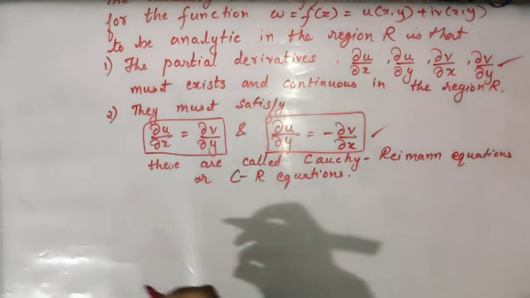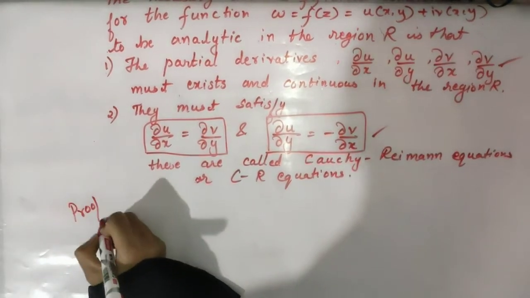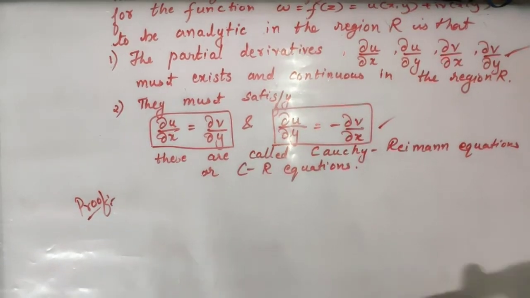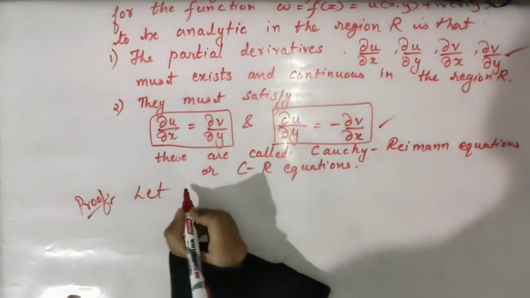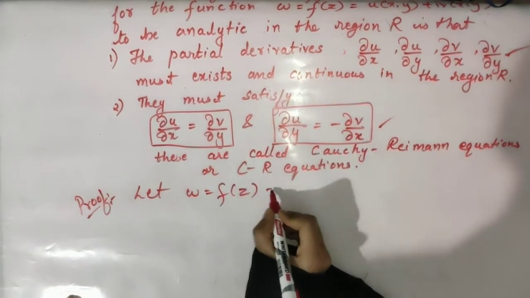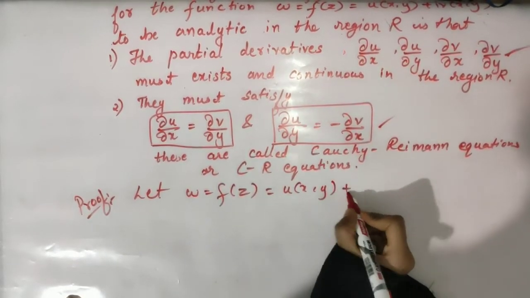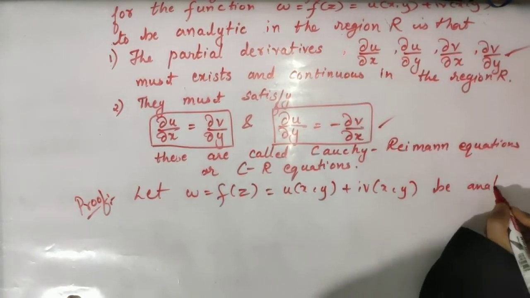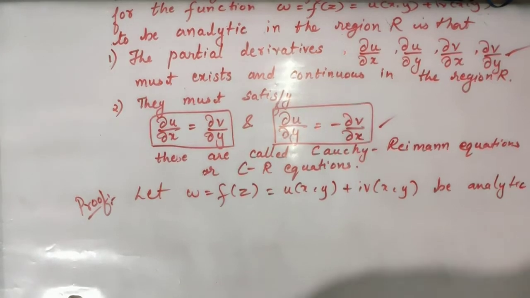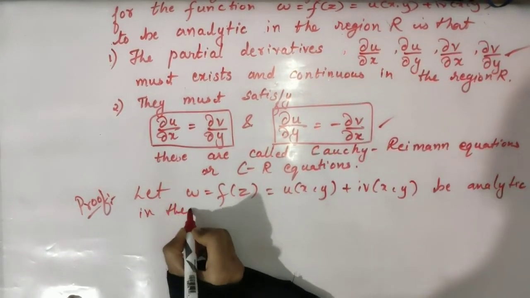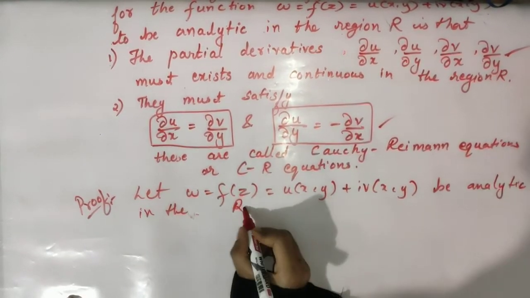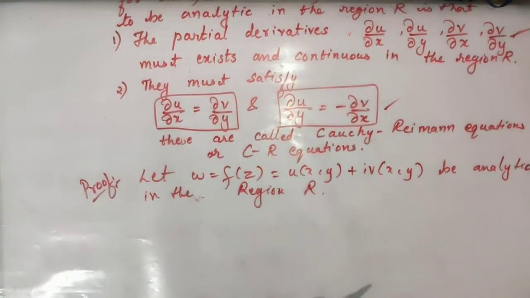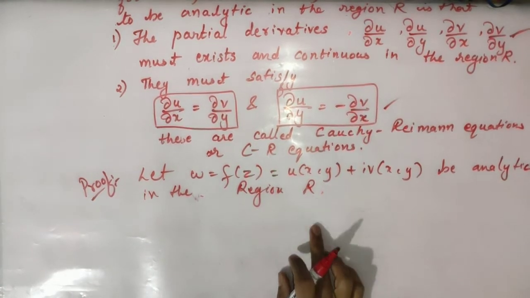We'll be only proving the sufficient condition over here. Let us work with the proof. Let w is equal to f of z is equal to u of xy plus i into v of xy be analytic in the region R. When do you say it is analytic?